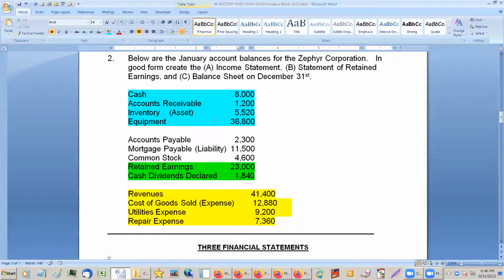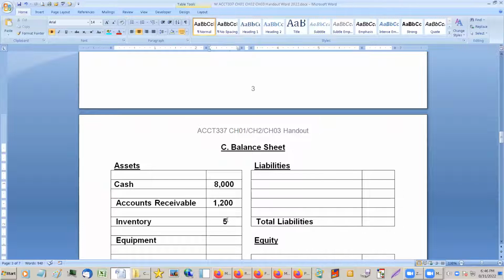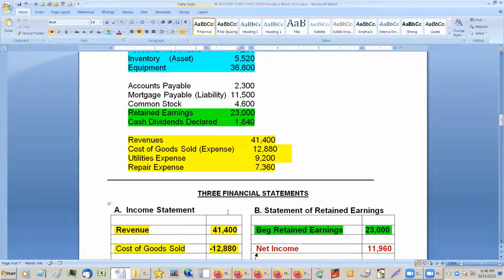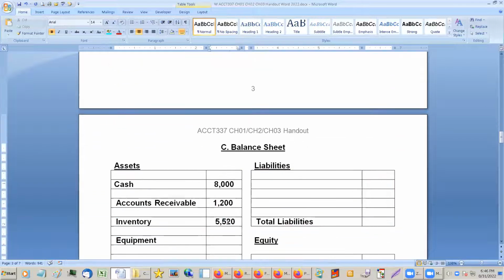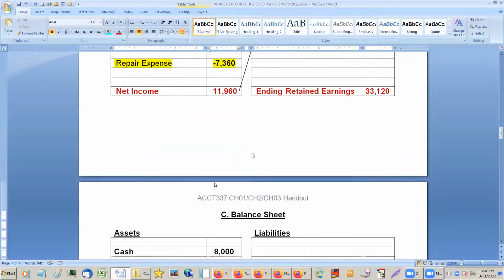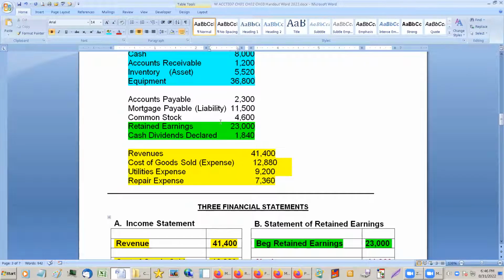There's a better way to do this. They'd be on the same page. Inventory is 5,520. Equipment, 38,800. That's wrong. I'm sorry, 36,000.